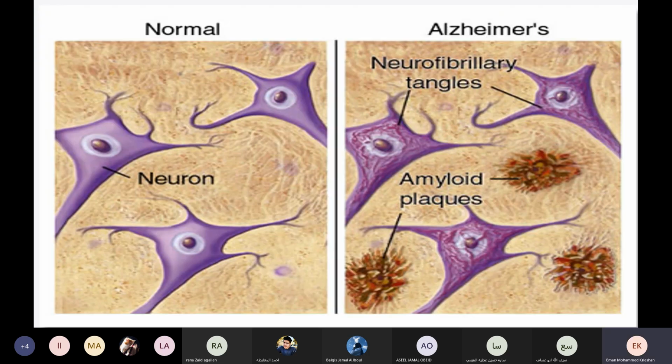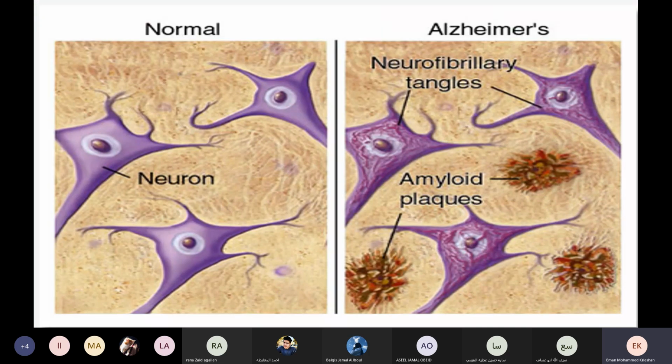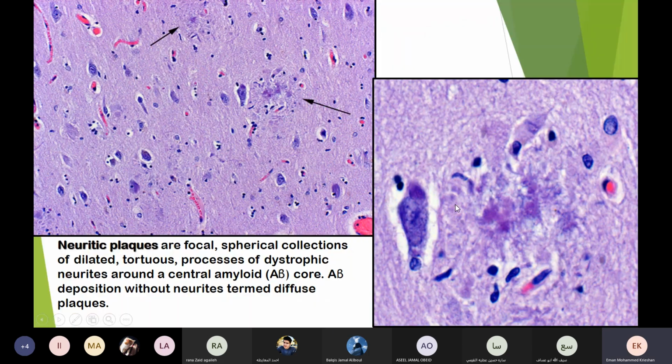In Alzheimer's disease, we have something called neuritic plaques. We have fibrillary tangles, amyloid plaques, and neuritic plaques. They are focal spherical collections of dilated tortuous processes of dystrophic neurites around a central amyloid, A beta core. So this is the area. This is the neuritic plaques, okay?